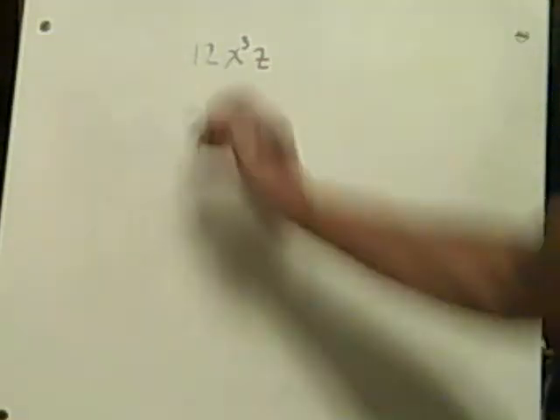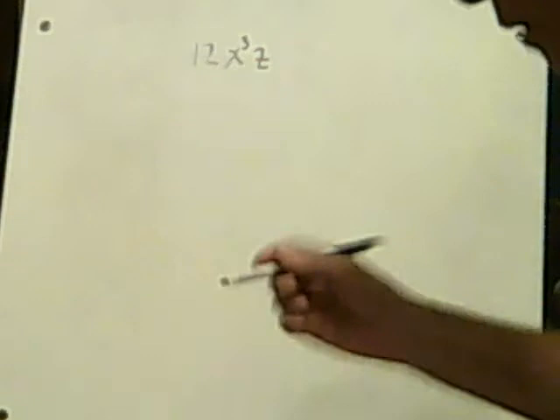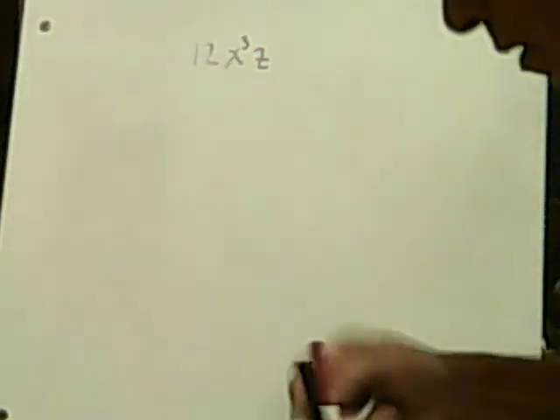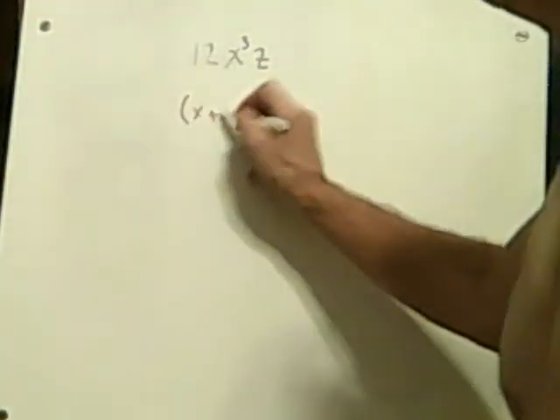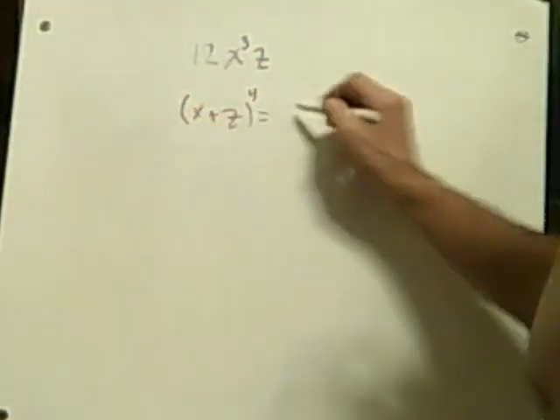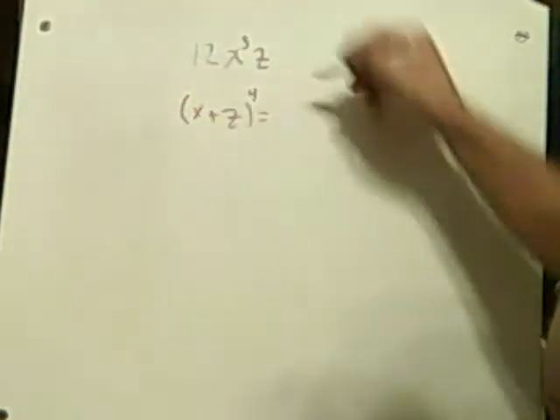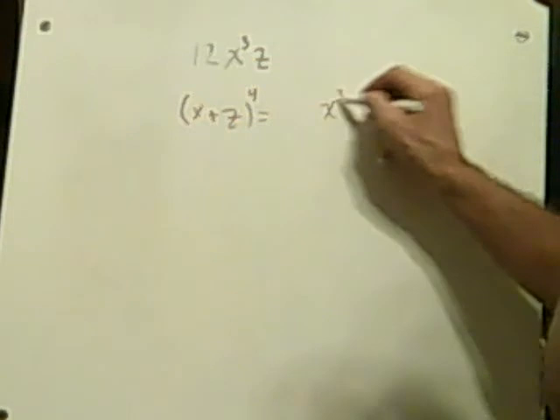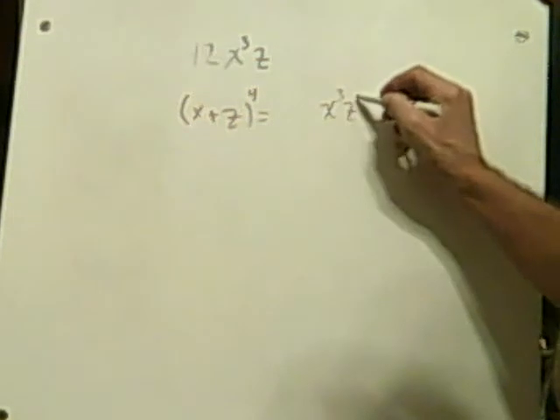So let's continue. This is, I'm going to say, fourth order, because the total of the exponents on the unknowns is 4. The reason for that is, if you had something like x plus z raised to the 4th power, and you expanded all of the terms out in a binomial expansion, there would be one term that looked like x cubed z.